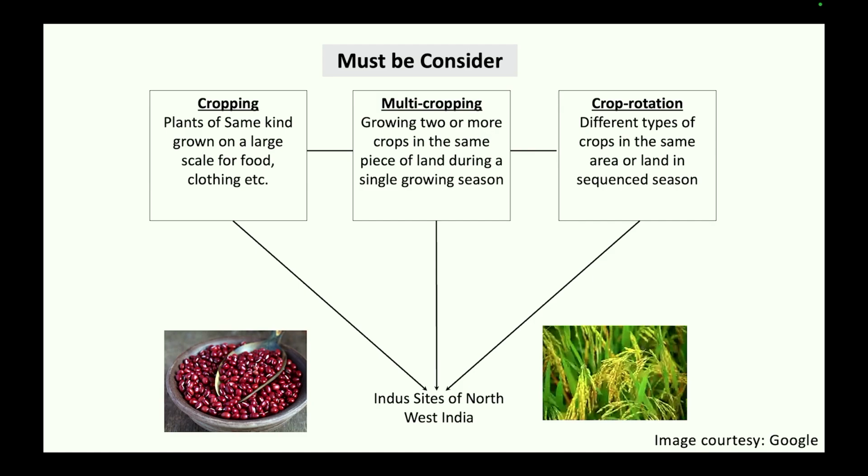What does it mean? Cropping means plants of the same kind grown on a large scale for food, clothing, etc. Multi-cropping is growing two or more crops in the same piece of land during a single growing season. And growing different types of crops in the same area or land in sequence across seasons is crop rotation.